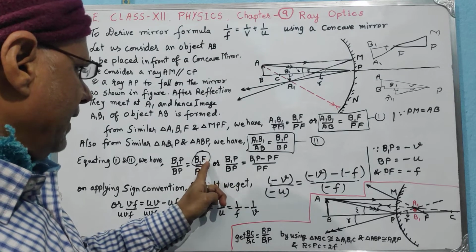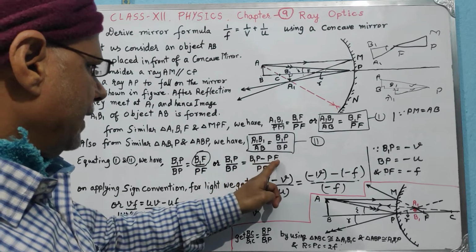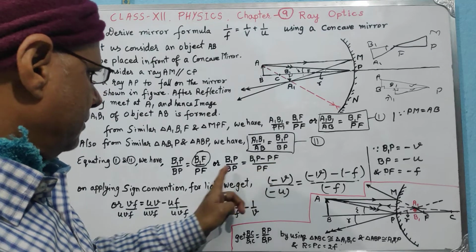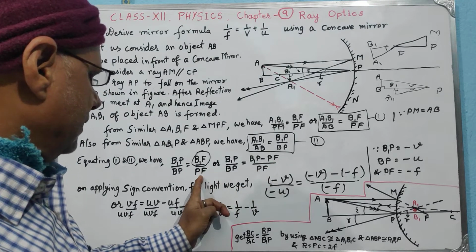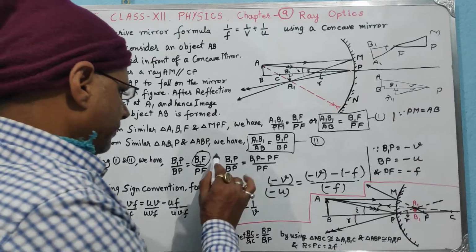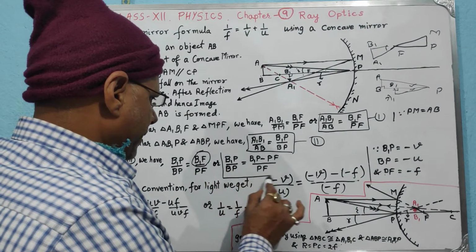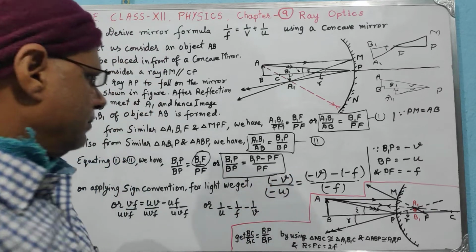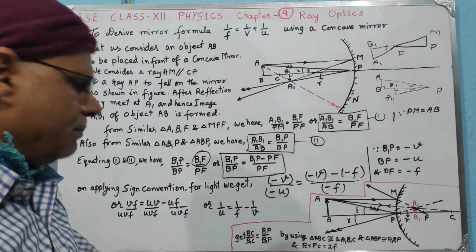So for B1F we have written B1P minus PF, and already PF was there, so we got this final relation, B1P by BP equal to B1P minus PF by PF.